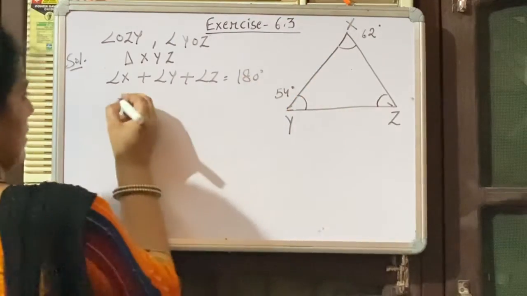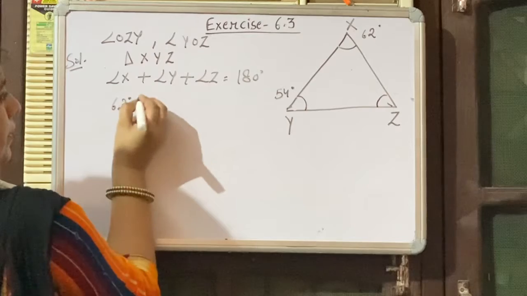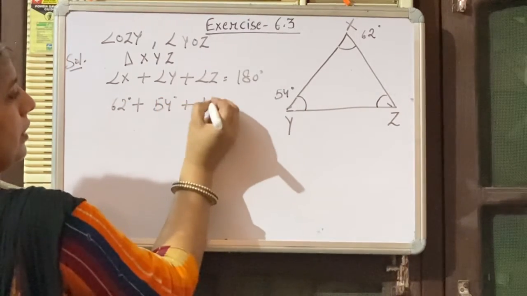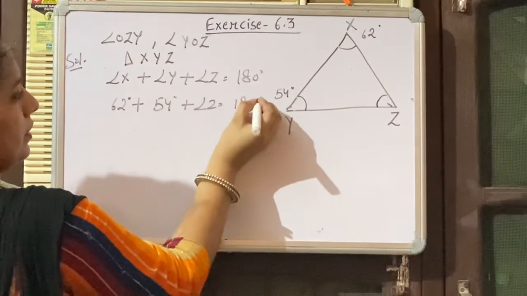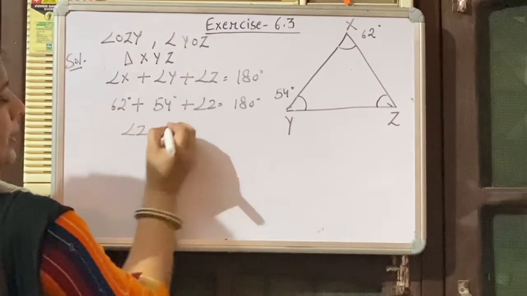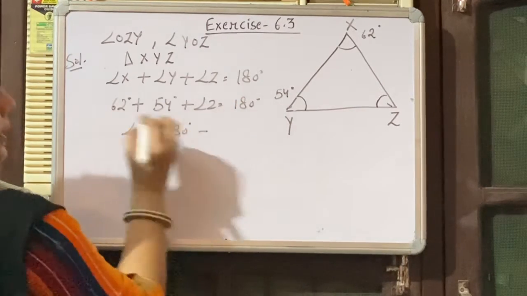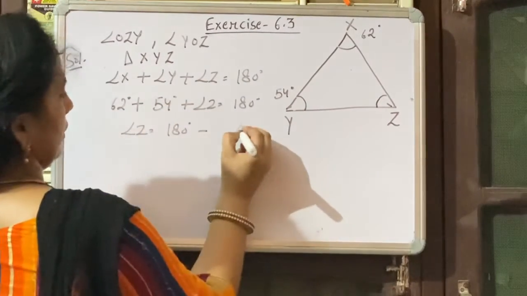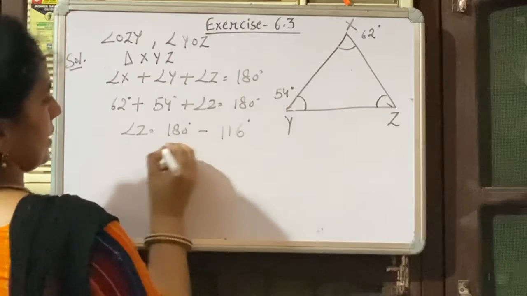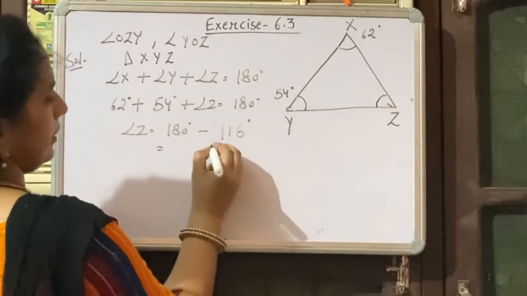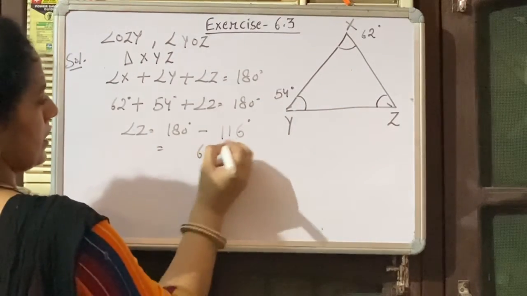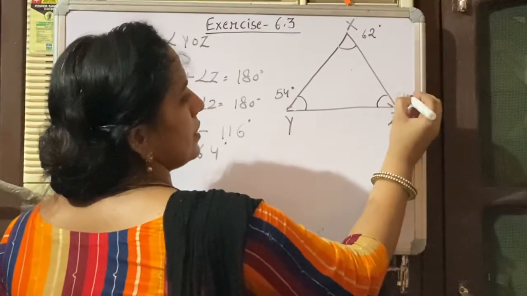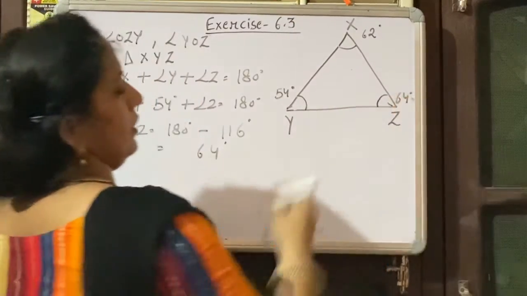Value of X is 62 degree, Y is 54 degree, value of angle Z is equal to 180 minus sum of these two angles, which is equal to 116 degree. Subtract the angles, 64 degree. So angle Z is equal to 64 degree.